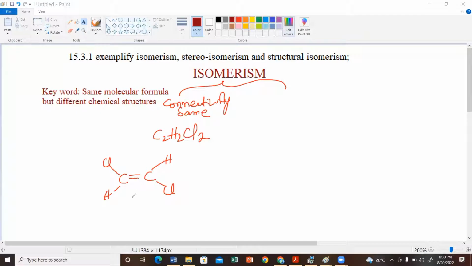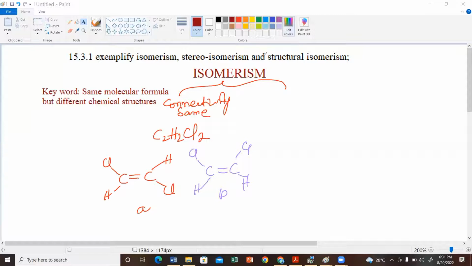So that is the possible structure A. If we want to form another possible structure of this compound, that can be carbon directly bonded with carbon, 1 chlorine, another chlorine, 1 carbon with hydrogen, another carbon with hydrogen. Can you find out what is the difference in A and B? As I told you, the connectivity is same. Same connectivity means what?